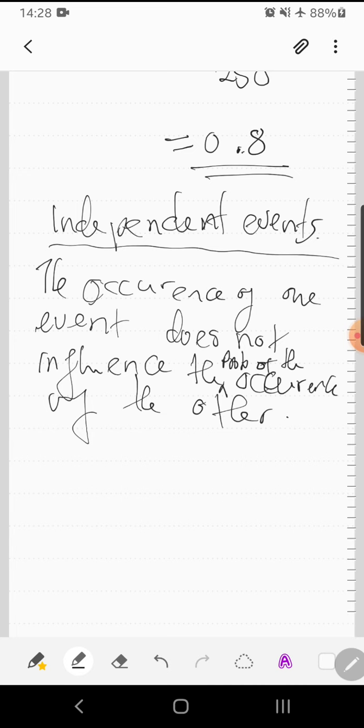One thing that you have to know for independent events is that the probability of E1 given E2 is just equal to the probability of E1. The occurrence of event 2 doesn't affect the occurrence of event 1. So that's one thing that you have to remember.